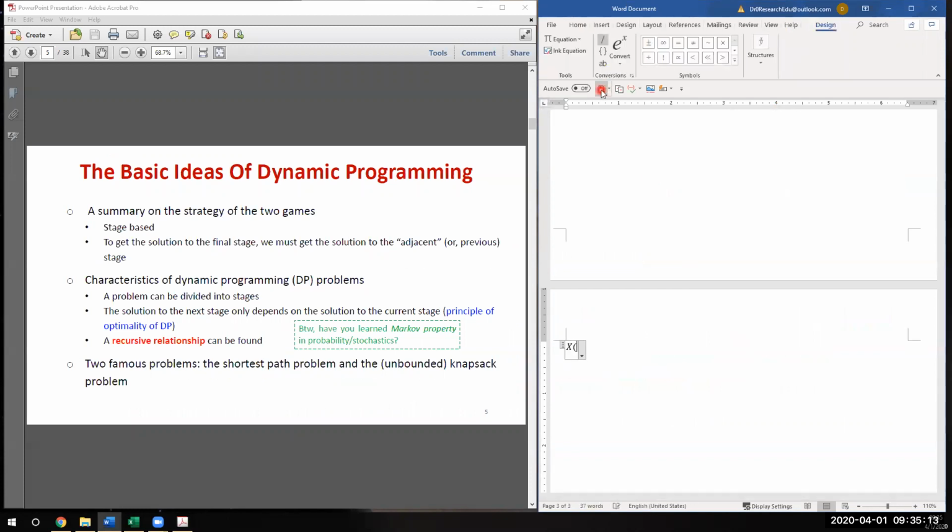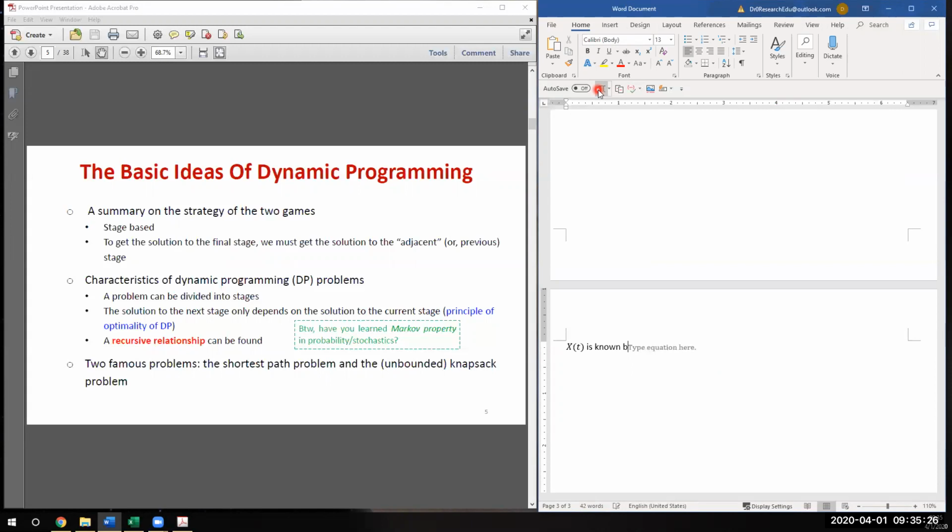In order to know the status at time t, in order to get x_t, I only need to know x_(t-1). That is, x_t only directly depends on x_(t-1), where x is a random process that you don't know.